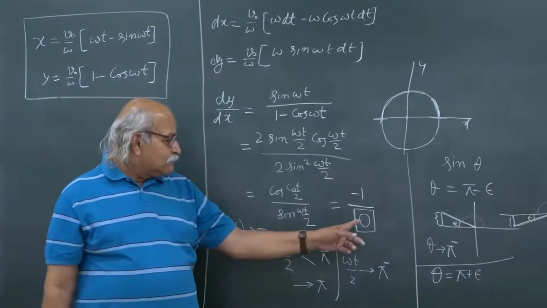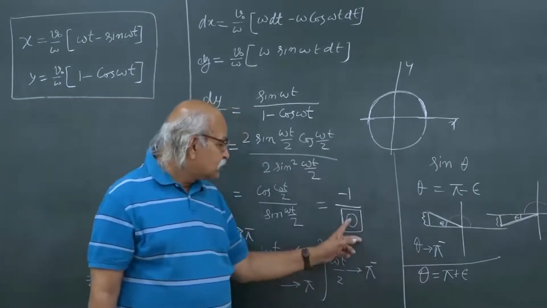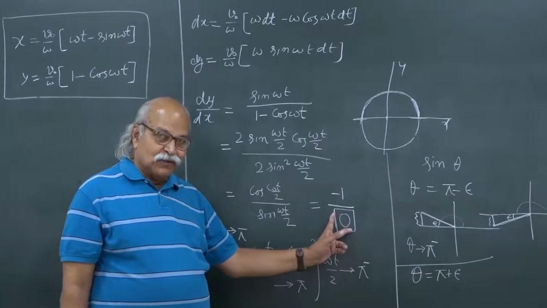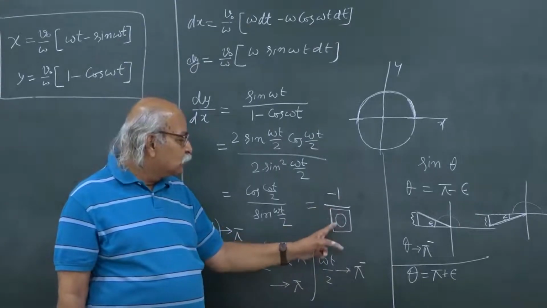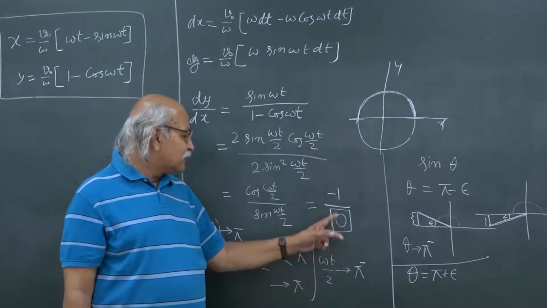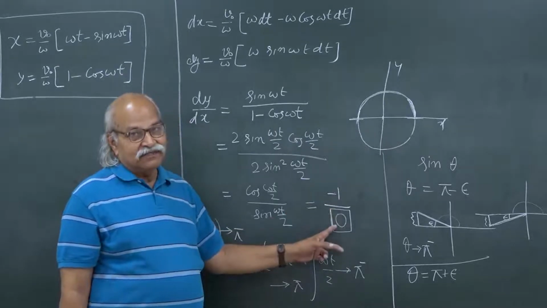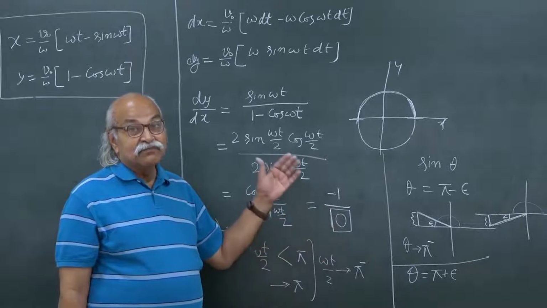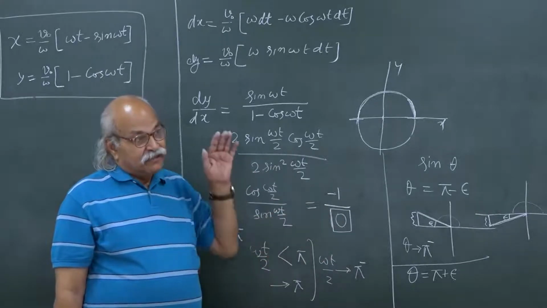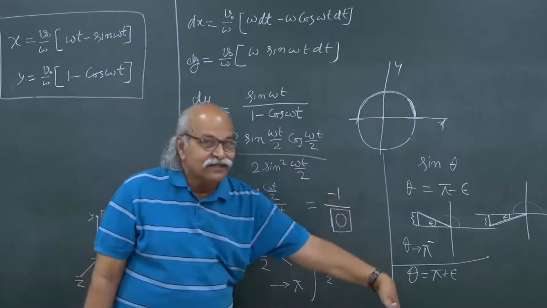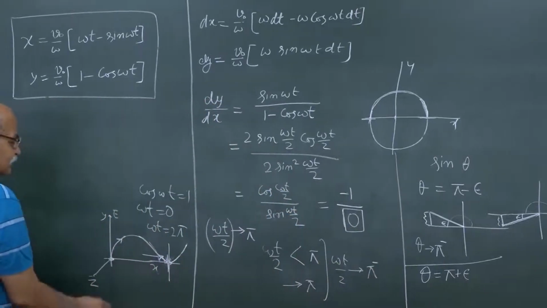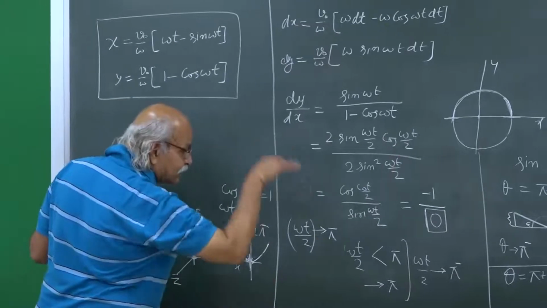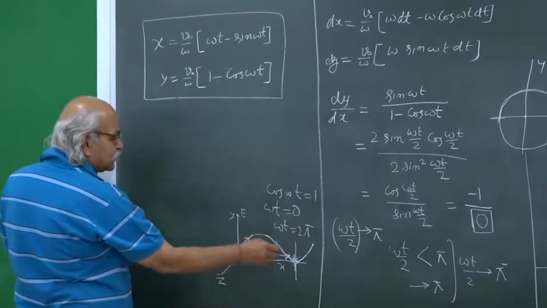All the time this is positive, this is approaching 0, but it is positive, this is minus, so it will be a huge negative, it will be minus infinity. dy dx is minus infinity, that means it is going down and hitting the x axis at 90 degrees, because the slope is infinity.